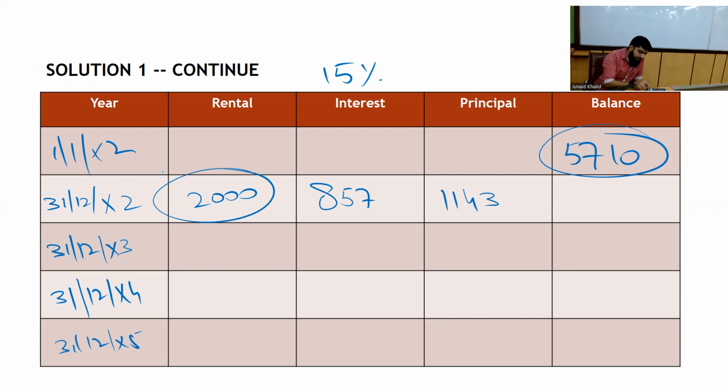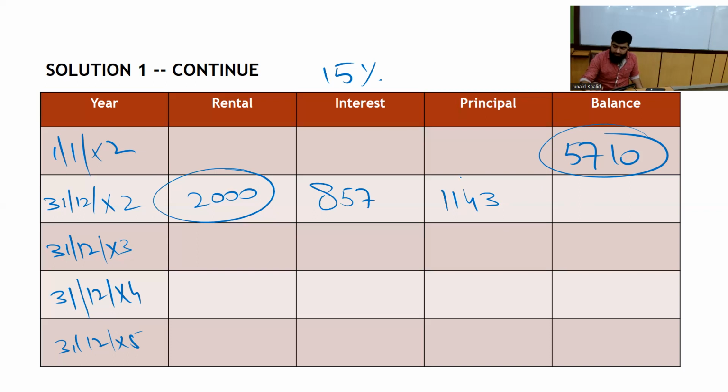So now, what is the amount of the remaining balance? Let's calculate it. Five seven one zero minus 1143 is 4567.